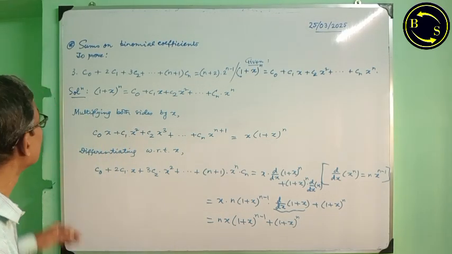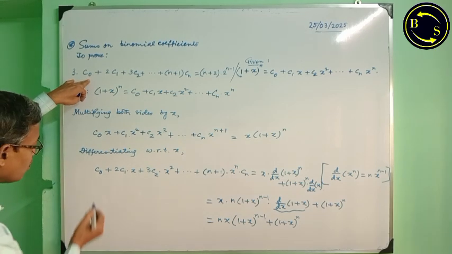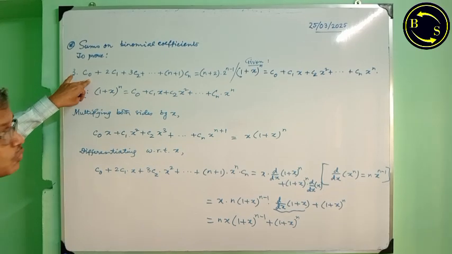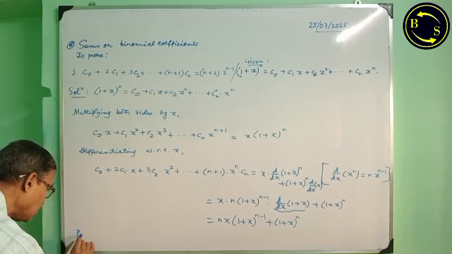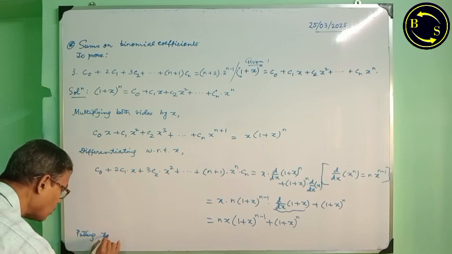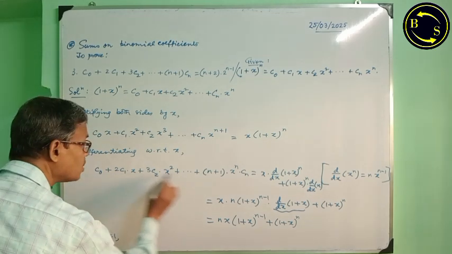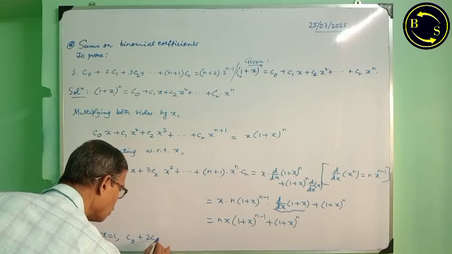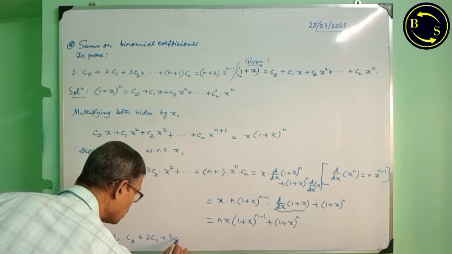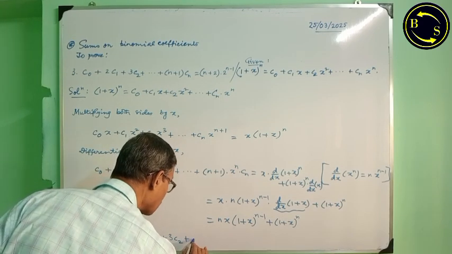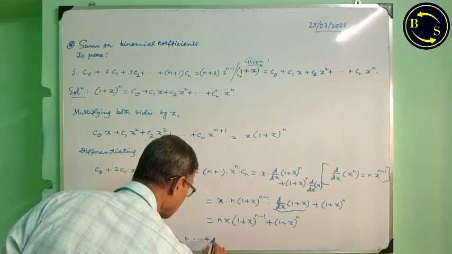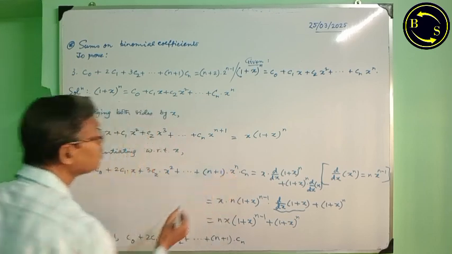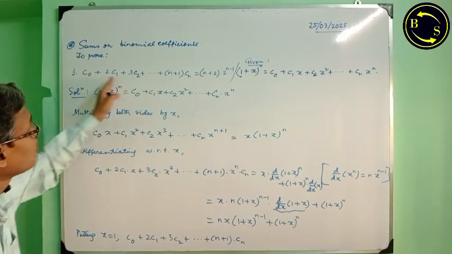Now to prove this, it is very much clear now. We have to put x equal to 1. Putting x equal to 1, this becomes C0 plus 2 C1 plus 3 C2 plus dot dot dot plus (n plus 1) into Cn, into this part becomes 1. Thus we have got the left part.